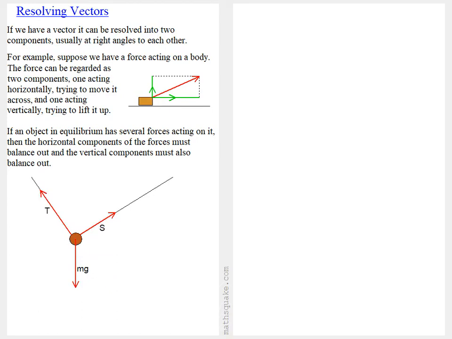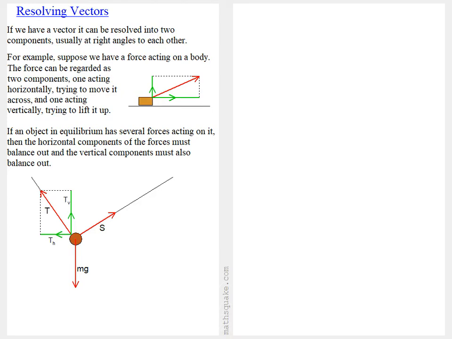If we look at the diagram, we see a body of mass m suspended by 2 wires. One has tension T and one has tension S. Gravity acts vertically downwards with a magnitude of mg, and we can resolve T into a horizontal component and a vertical component.